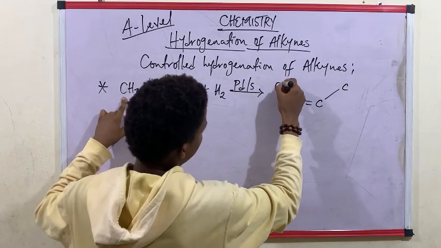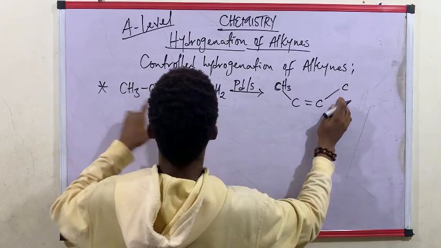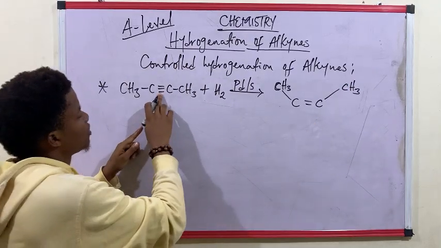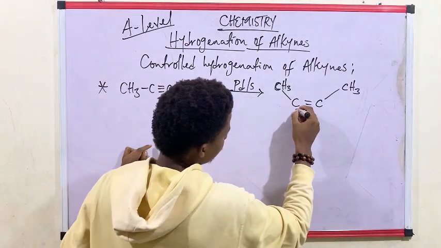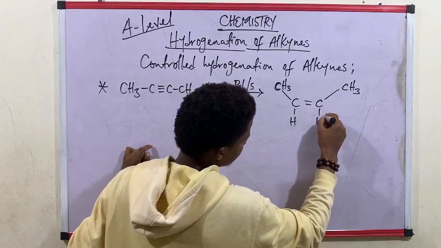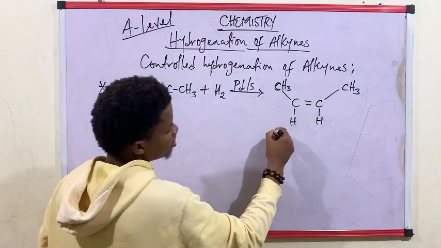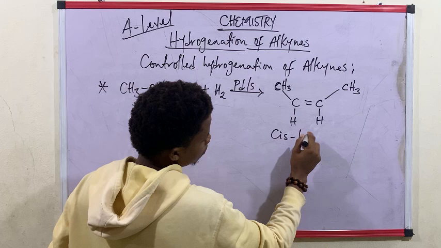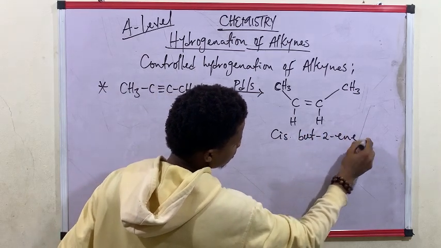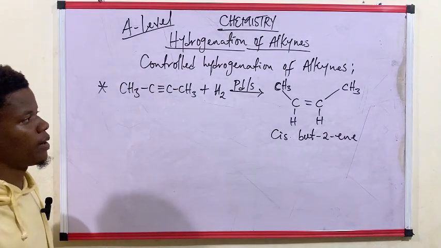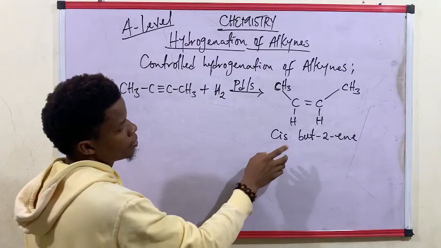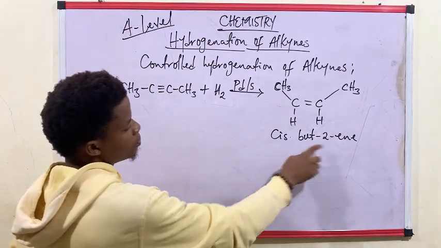This is CH3, this CH3 is here. One of these bonds was broken, that's hydrogen was used. So we have hydrogen. So this is cis-but-2-ene, that's what we have.